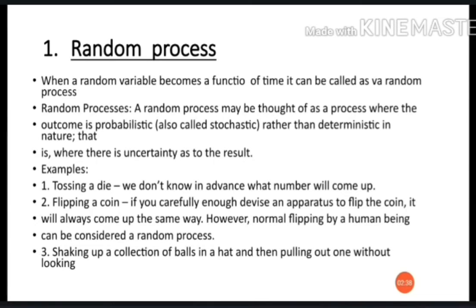If we had a careful enough device and apparatus to flip a coin, it would always come up the same way. However, a coin flipped normally by a human being can be considered a random process. A human being tossing a coin will be unbiased, by the way, so it can be considered a random process.